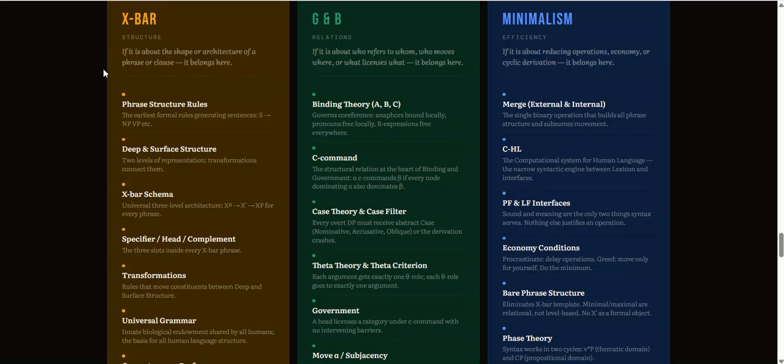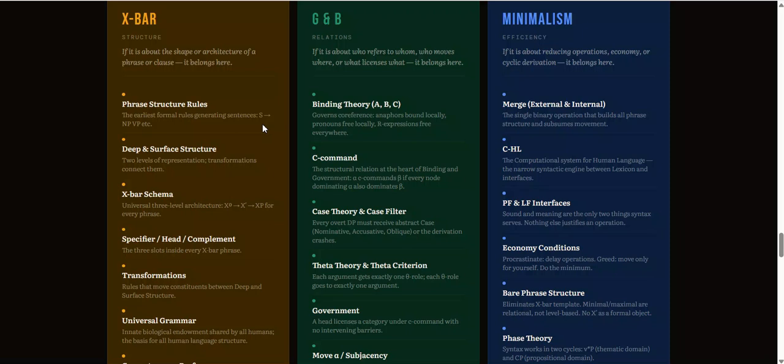If it is about the shape or architecture of the phrase or clause, it belongs to X-bar. In GB, if it is about who refers to whom, who moves where, and who licenses what, it belongs to GB. And if it is about reducing operations, economy, or cyclic derivation, it belongs to minimalism.